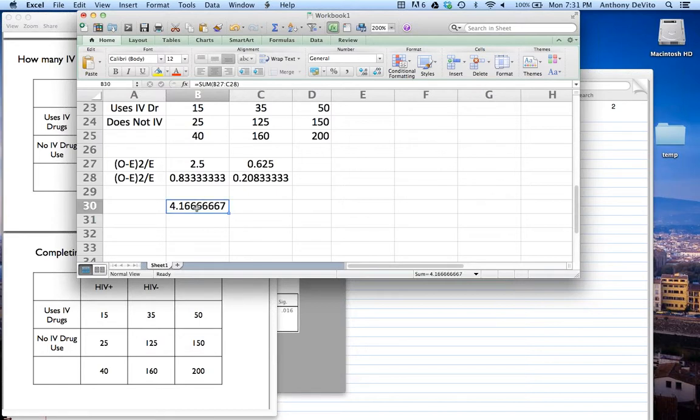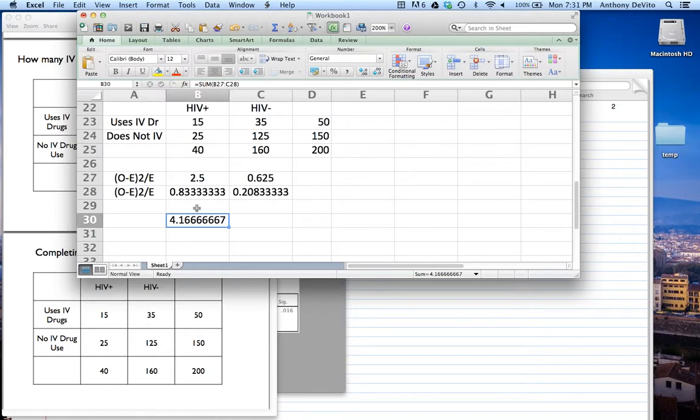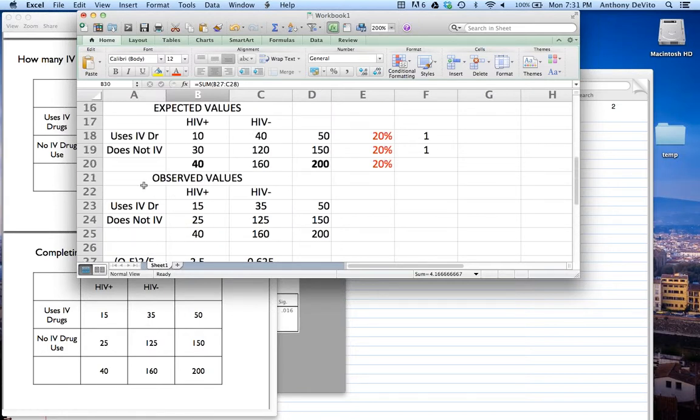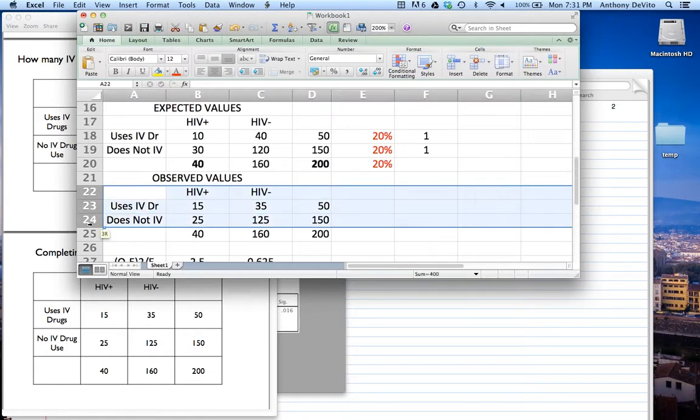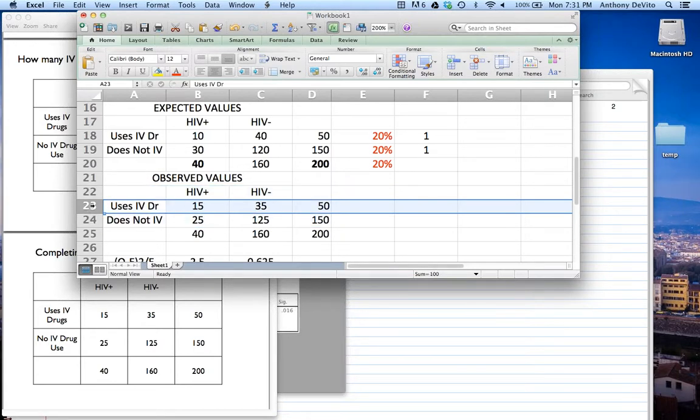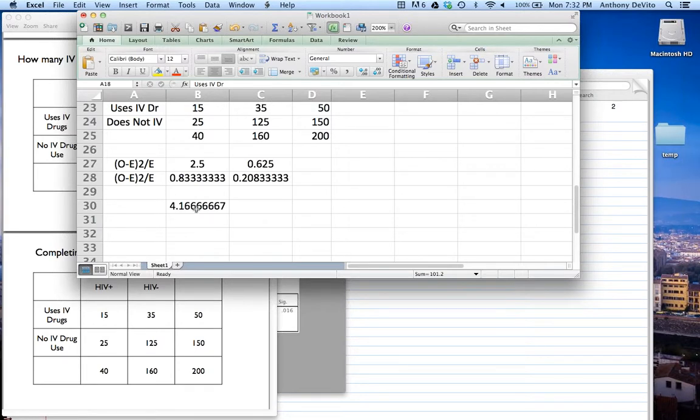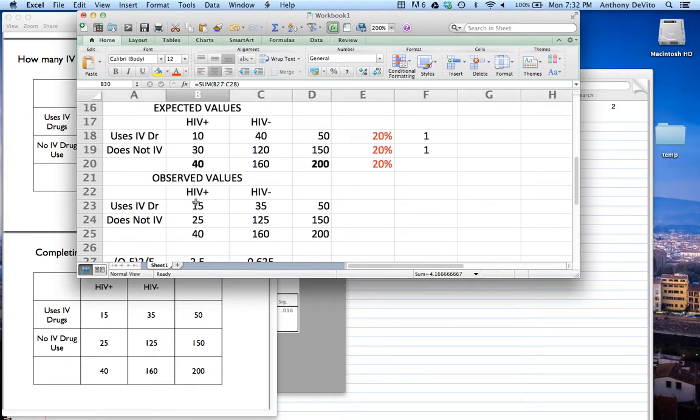So the size of that number determines how certain I am that there's an association between IV drug use and non-IV drug use. The bigger this number is, the more different the expected and observed values are, and the more likely that I can reject my null hypothesis that there's no association.